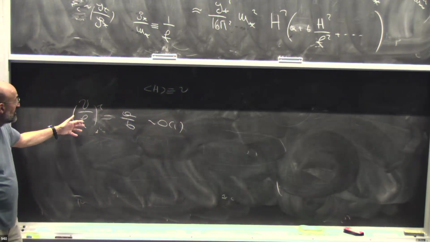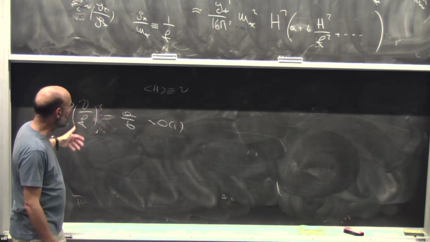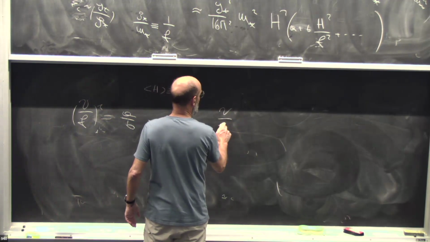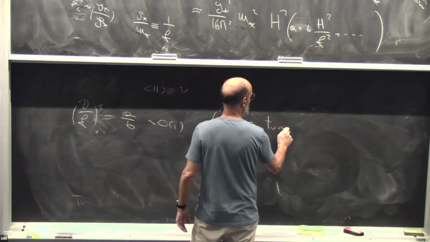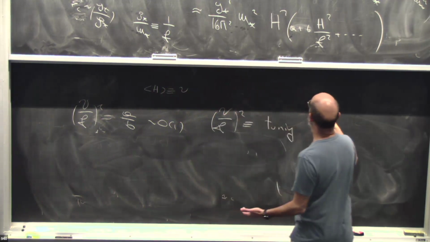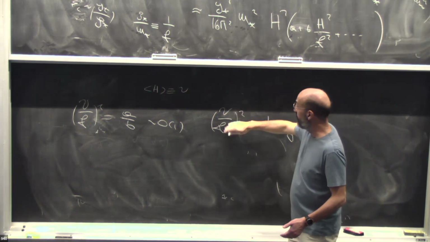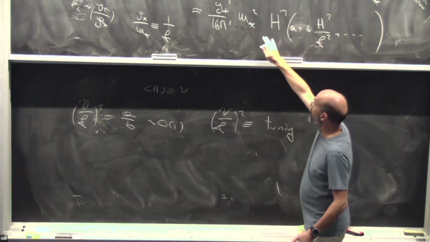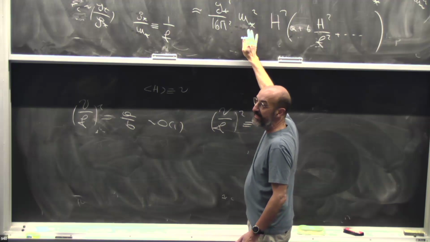This is important because this V over F square controls just the tuning, okay? In an untuned situation, you would have V over F of order 1. In other words, you get the right Higgs mass. Let's say M star is what it is, 1 or 2 TeV, you get the right Higgs mass.